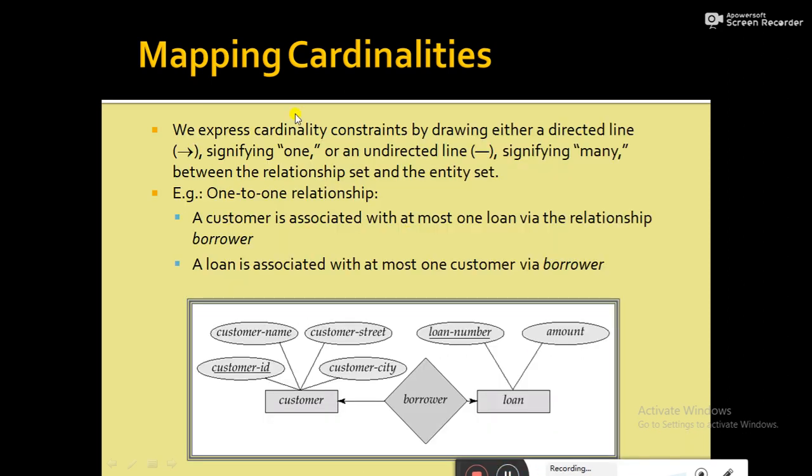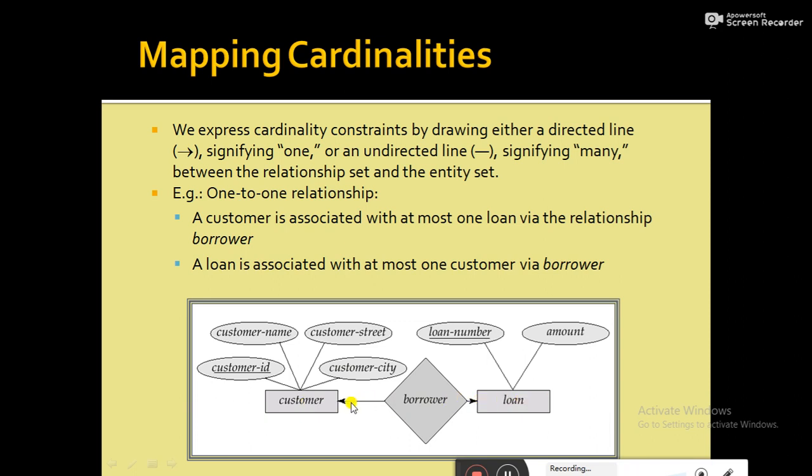Next is how to represent the mapping cardinality, or cardinality ratio, in the ER model. We can represent it with the help of a directed line. Take this example of a one-to-one relationship, where the relationship borrower is one-to-one from customer to loan. How to represent it? From borrower, two directed lines: one directed line with an arrow pointing towards customer, another with an arrow towards loan.